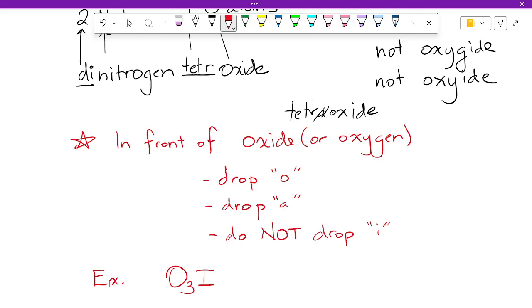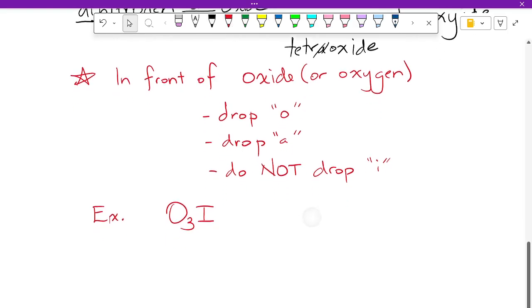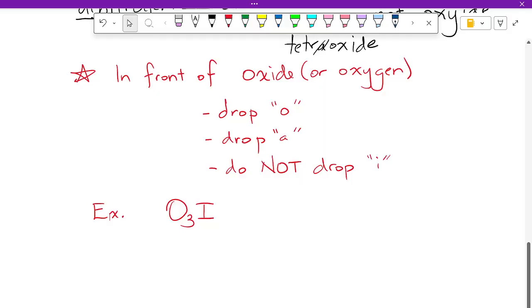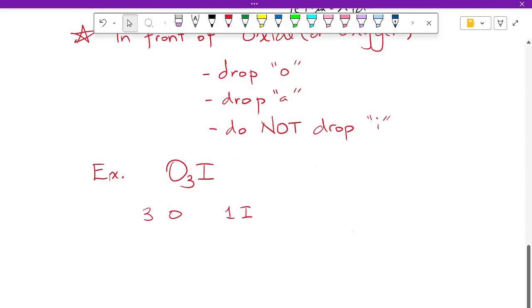Which is okay, because you just need to practice the patterns. But we should be able to name this because we have 3 oxygen and we have how many iodine? 1 iodine. So how would we name that?